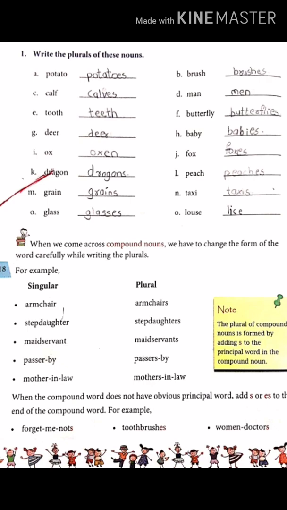Grain, grains. Taxi, taxis. Glass, glasses. Louse, lice. Please check your homework and learn it.